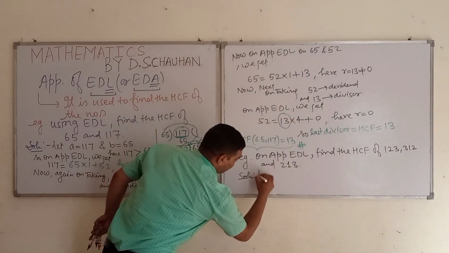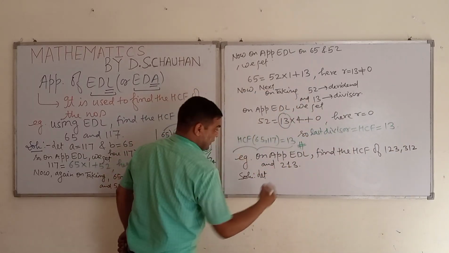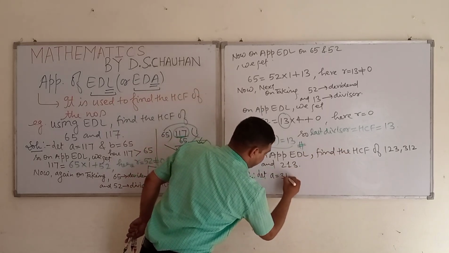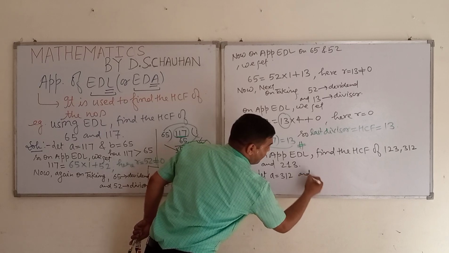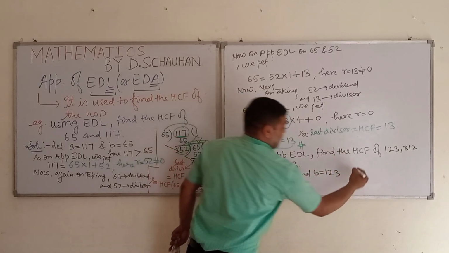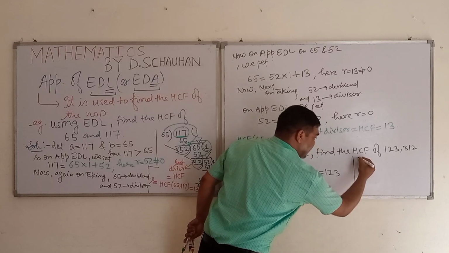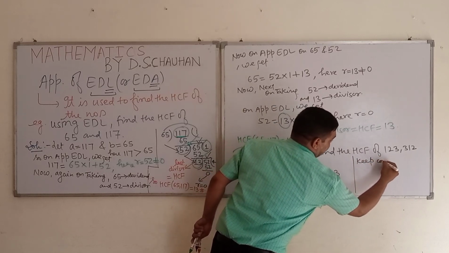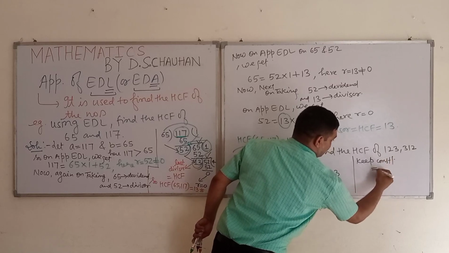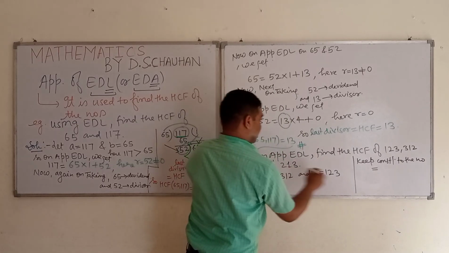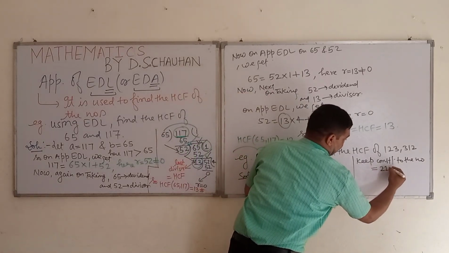So let A equal to 312 and B equal to 123, keeping the number 213 constant.